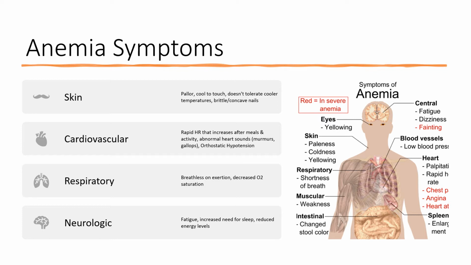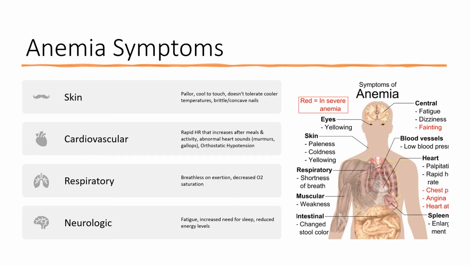Now you'll see here in the picture, the items that are in red are in severe anemia. This is not like your typical barely, minutely anemic. This is more like chronic anemia that has now developed into a complication. So don't look at these as common symptoms. This is concerning symptoms.